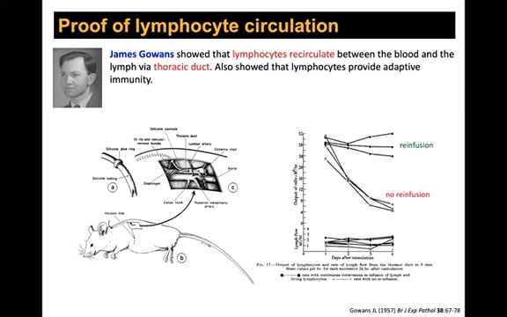And so he did that, and he said, well, look, if I take them all out, the number of white cells, or lymphocytes, in the blood goes down. But if I put them back into the blood via a vein, then the numbers stay constant, which means that they must be going from the blood into the lymphatic system, back into the blood, back into the lymphatic system. And they're constantly recirculating.